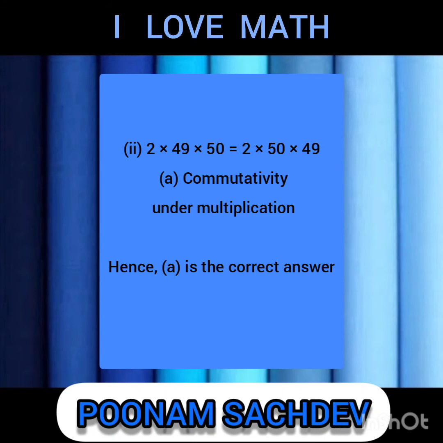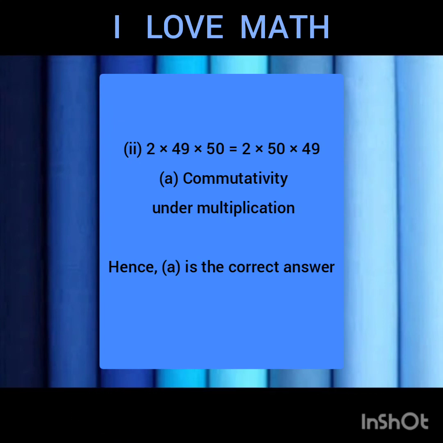Second, 2 into 49 into 50 equal to 2 into 50 into 49. This property is commutativity under multiplication. Hence, A is the correct answer.